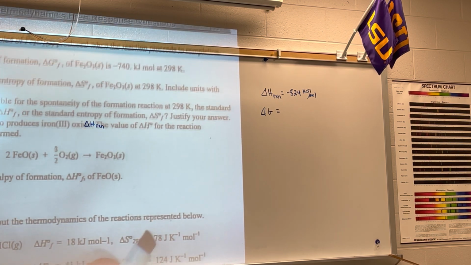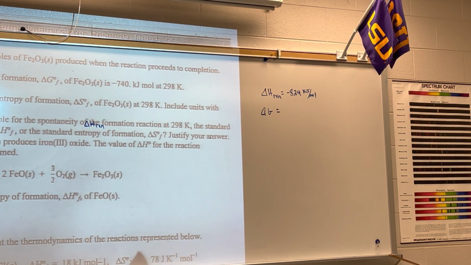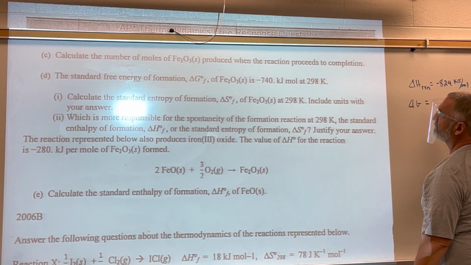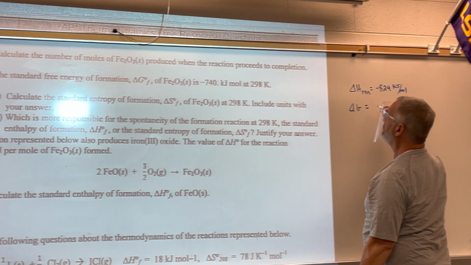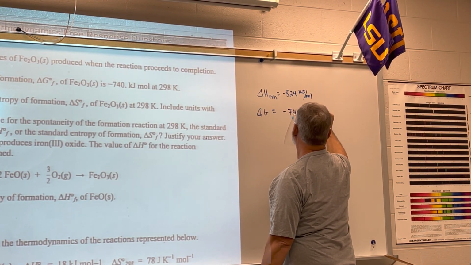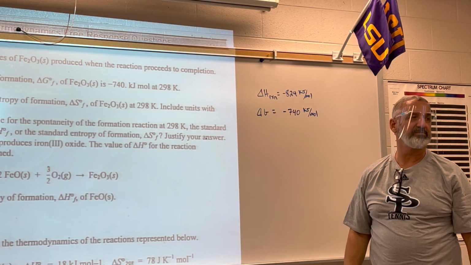Delta G is equal to, I just saw it, negative 740. So how do I find delta S?